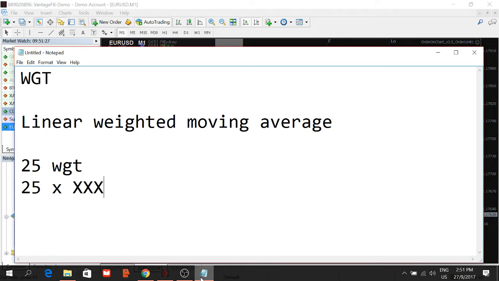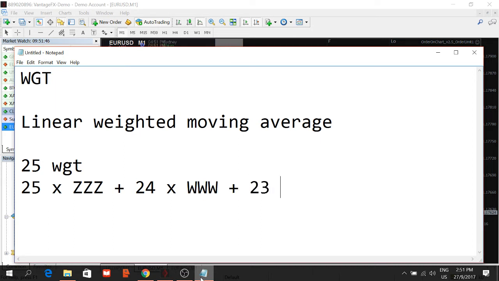Let's just write something like this. Then it's going to add the second last candle, which is multiplied by 24, and so on.